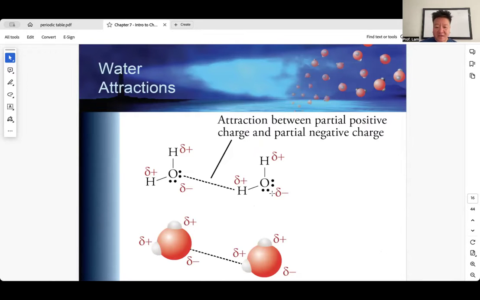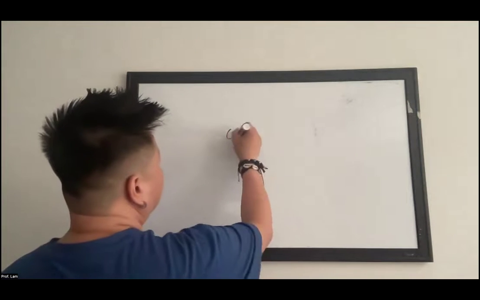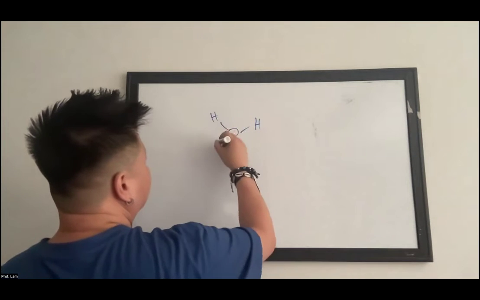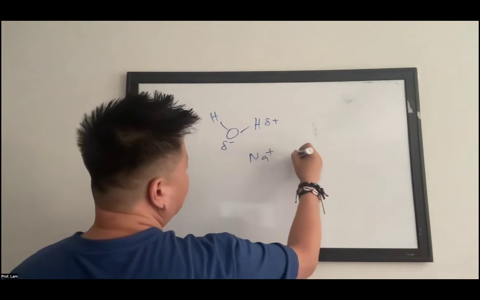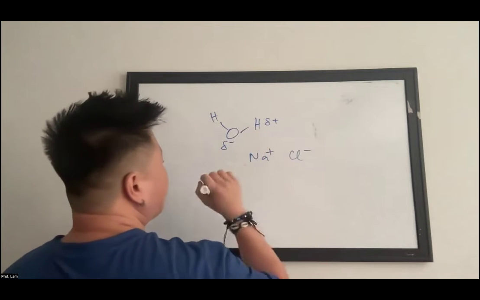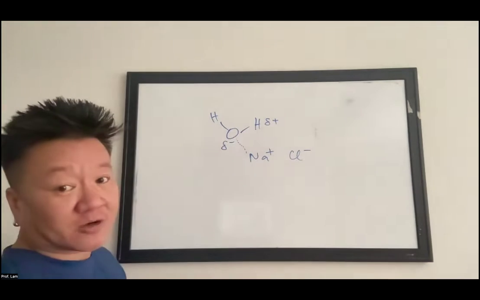Okay. So now when water sees, say, sodium chloride, let me go to the board here real quick. So if water sees sodium chloride, which is Na plus and Cl minus, the oxygen part of water is going to be attracted to the sodium plus, right?